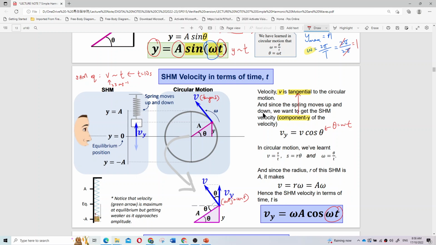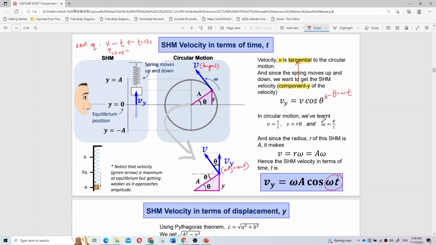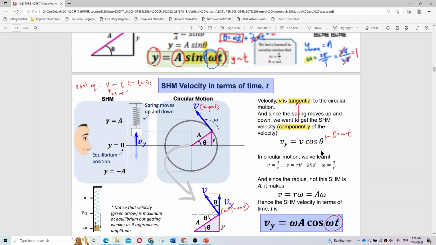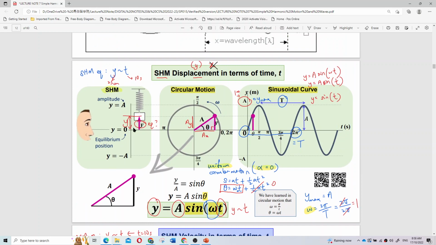Tepat sudah di sini kan? Betul tak? Omega T. Dan lepas tu kita tahu V equal to R omega. Ini formula yang general kan? Kita pernah belajar kan V equal to R omega? Nah. Lepas tu R itu, radius itu ialah amplitude. Kan tadi sudah belajar radius ialah amplitude.